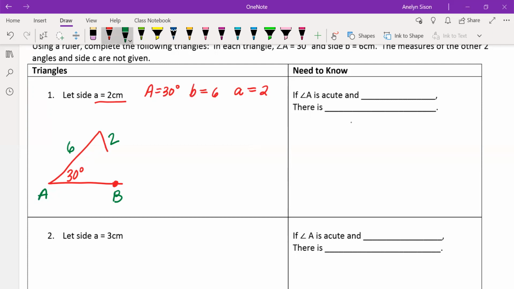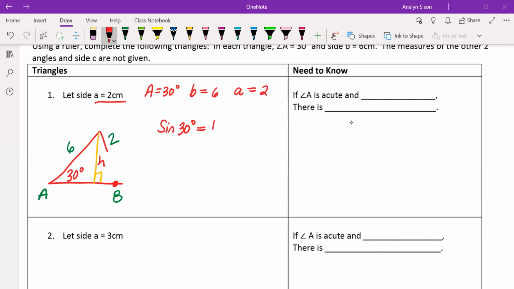So sine of 30 is equal to h. We're going to check the height just to see if that side given is greater than the 2 or less than the 2. So check the height all the time, guys. If you have an SSA triangle, check the height.